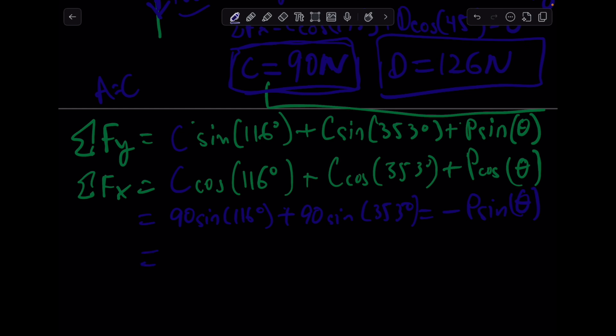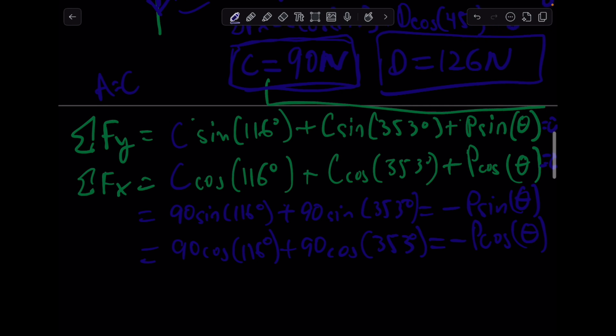And then for this one, we can say 90 cosine of 116 degrees plus 90 cosine 353 degrees equals minus P cosine theta. This should be equal to 0, okay? I just forgot to do it in my other one, but yeah, this right here, it's equal to 0. And that's how we get these equations.